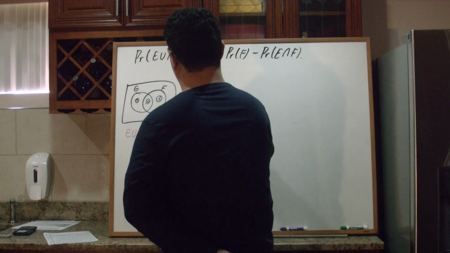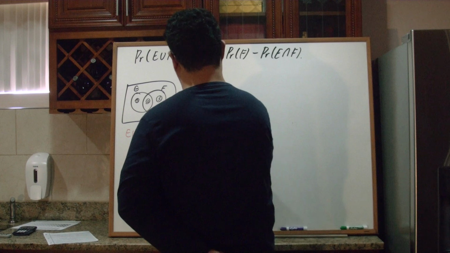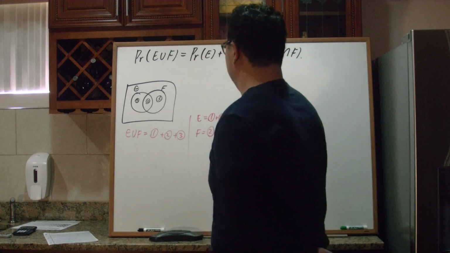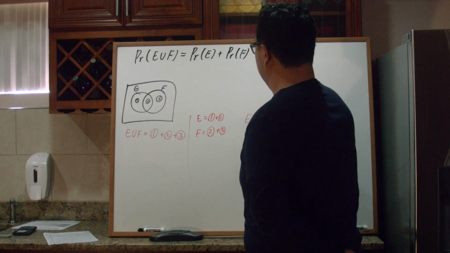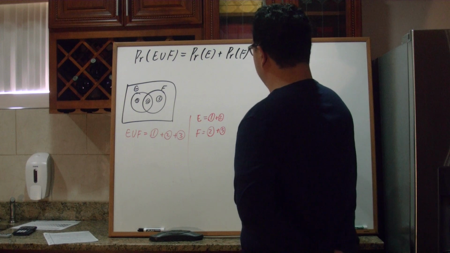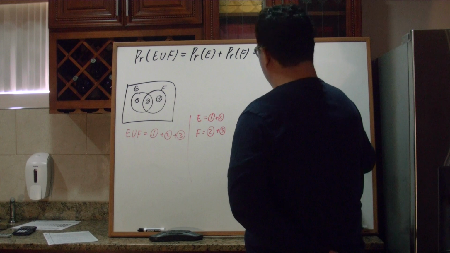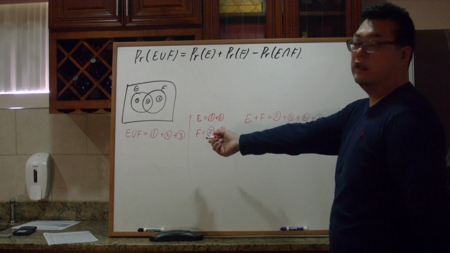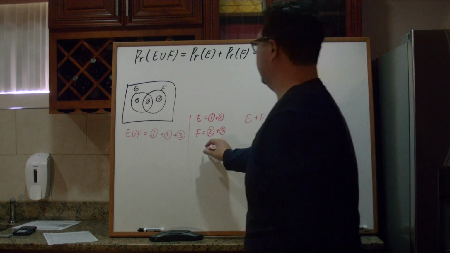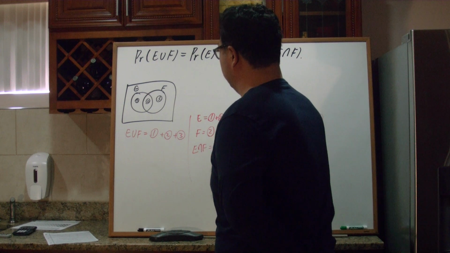While E is the first part plus the second, F is the second plus the third piece. When we combine E and F together, that is 1 and 2, and 2 and 3. What we need to do to make sure that they are equivalent is take out the intersection part, which is the middle piece.